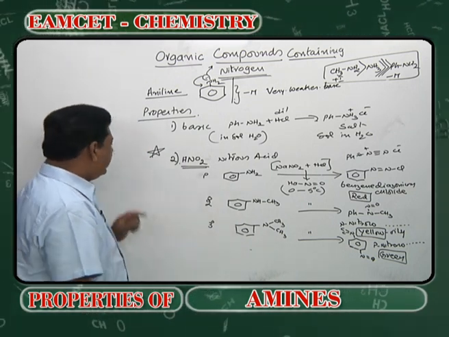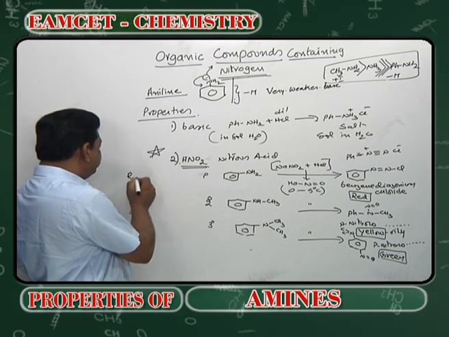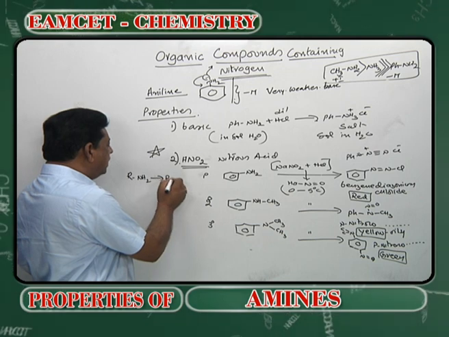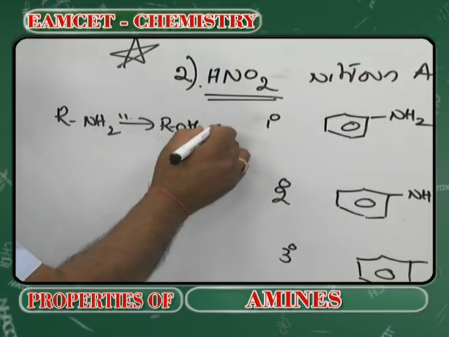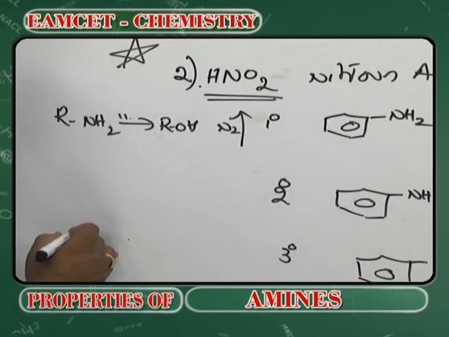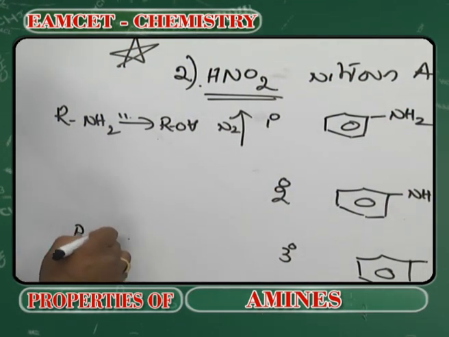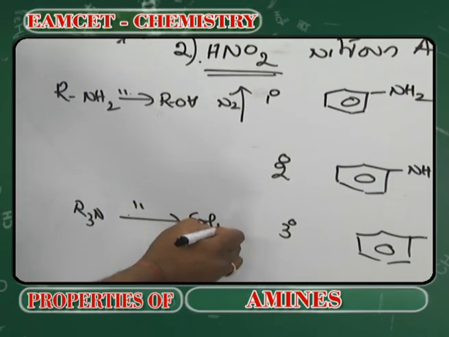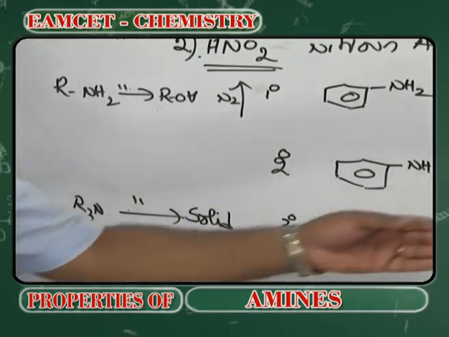In the aliphatic case, 1 degree amines with the reagent give alcohol, same reaction, but nitrogen gas is evolved. 2 degree is the same as aromatic. 3 degree aliphatic, that means R3N, gives a white solid, no yellow or green coloration.